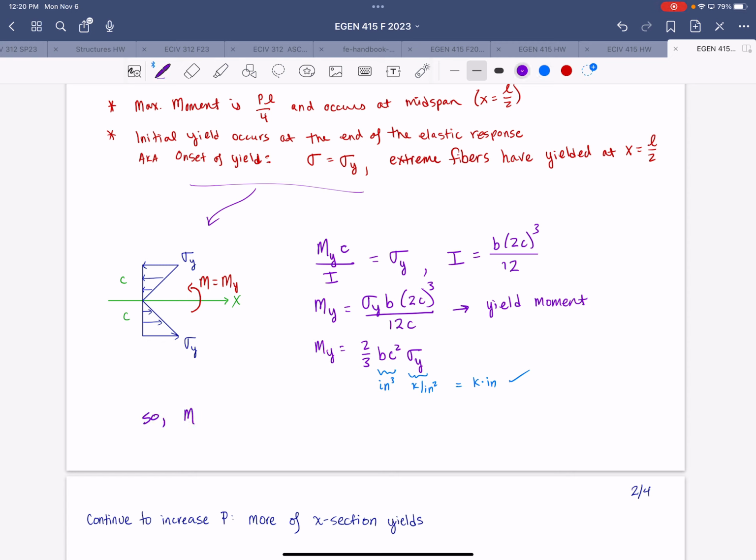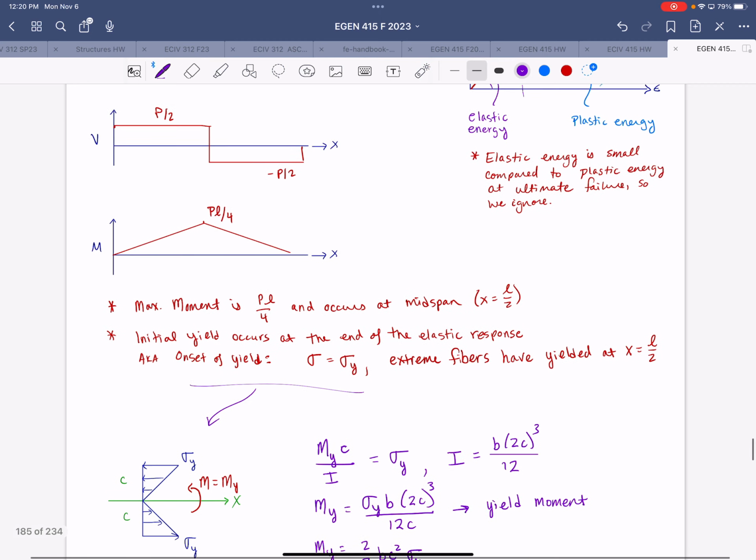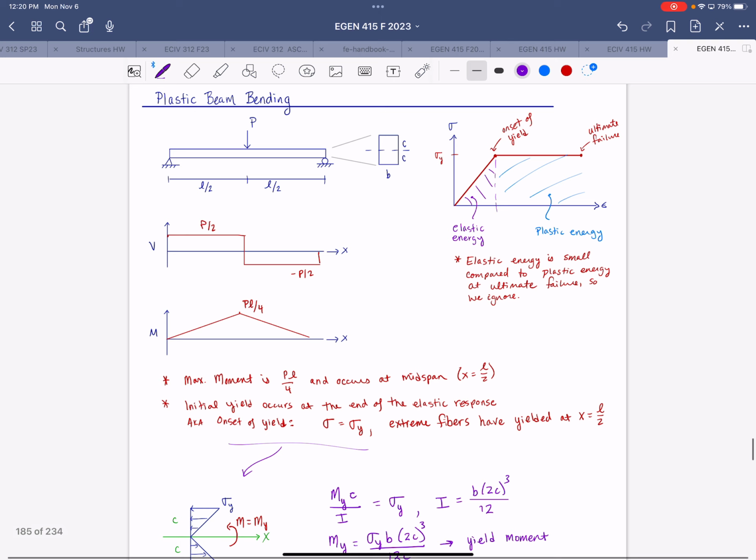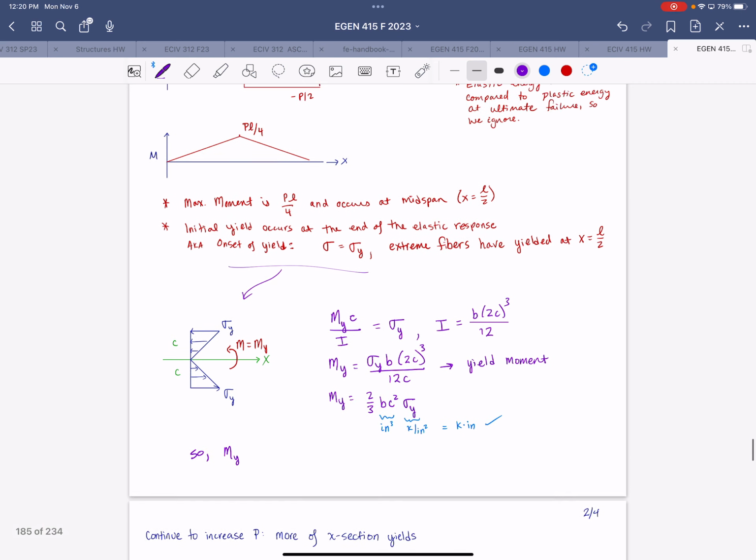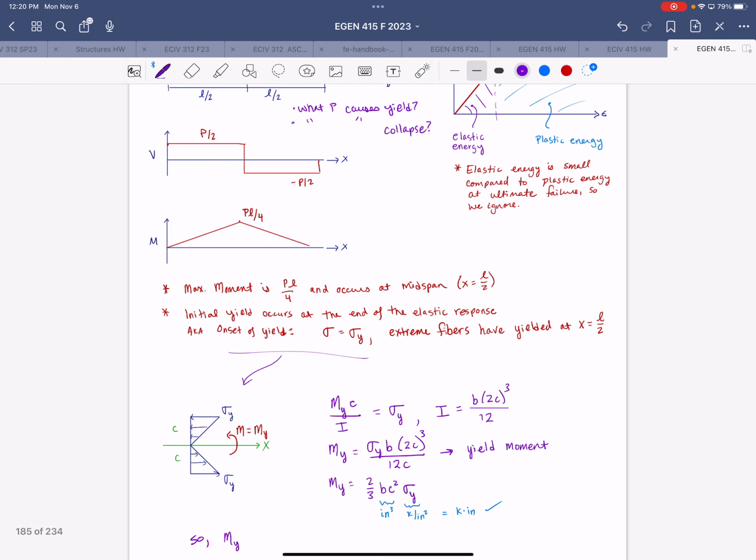So we can then write our yield moment in terms of the applied load, right? We want to relate that moment that would cause yield to the applied load, because remember our first question is what value of P causes yield, and then what value of P causes collapse. So to start, we're focusing on yield.